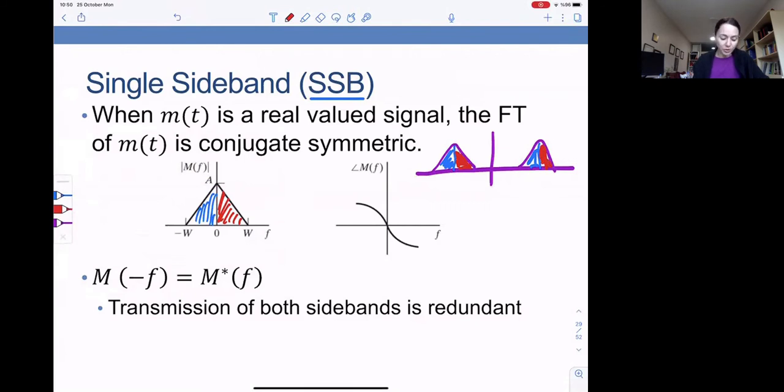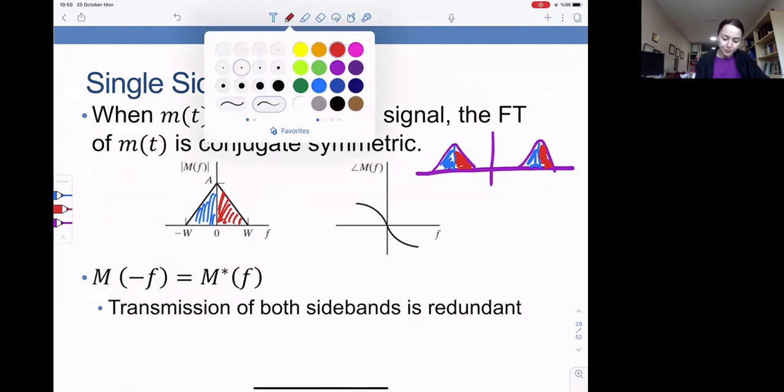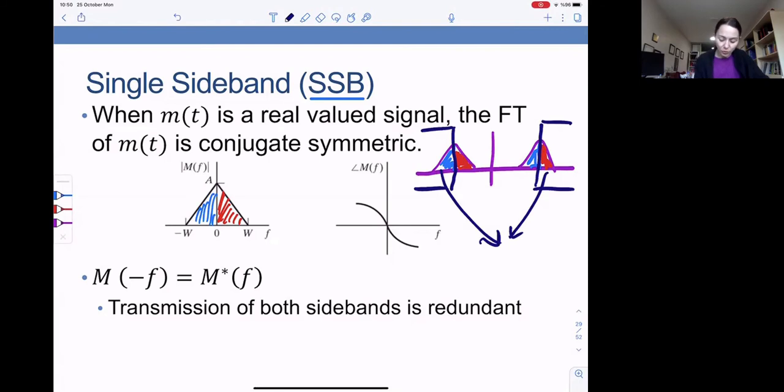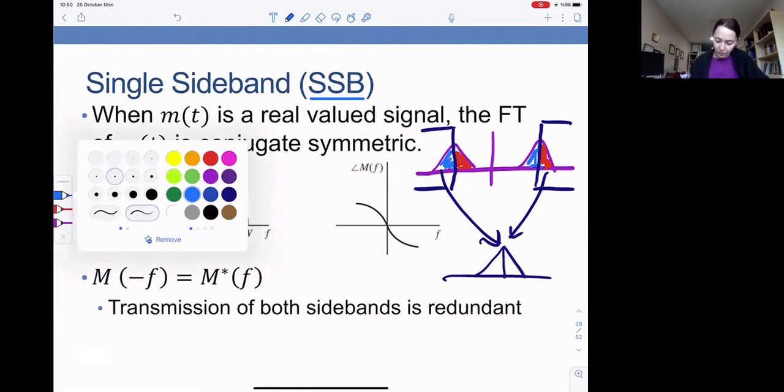In other words, if you were just able to somehow get the upper sideband only and bring them together, you would be putting the blue part and the red part together, right?